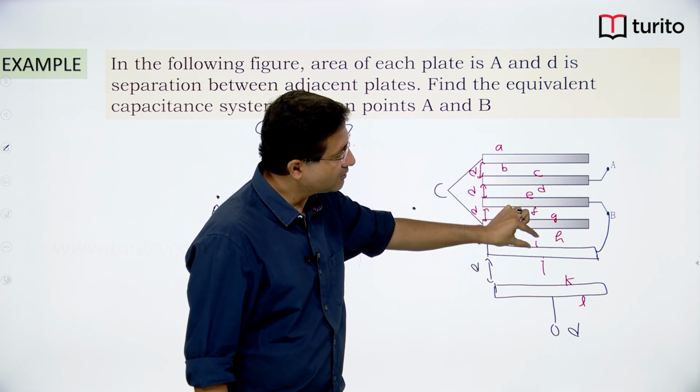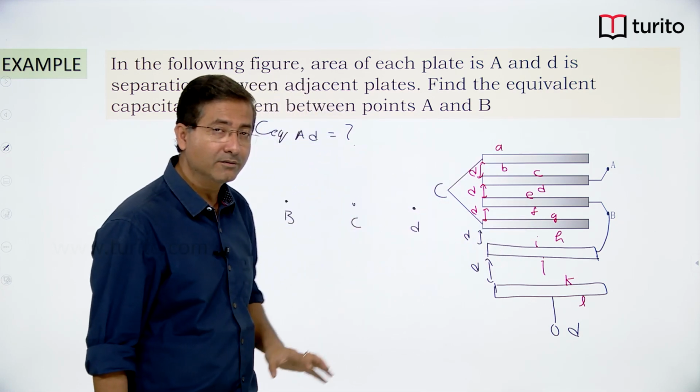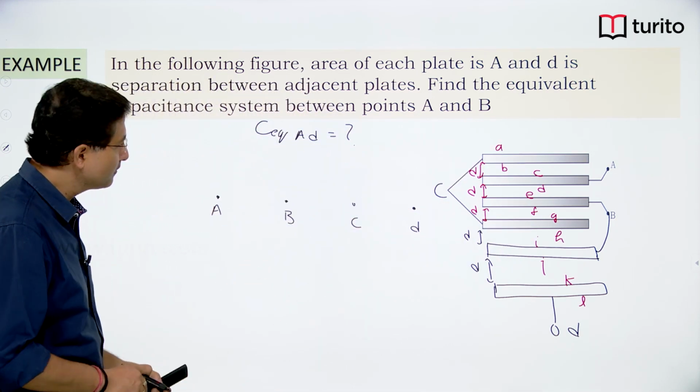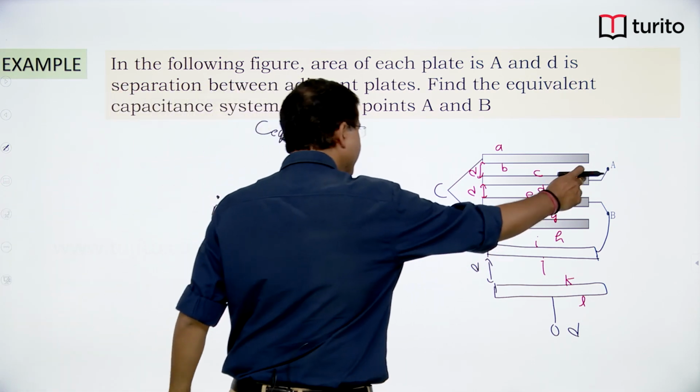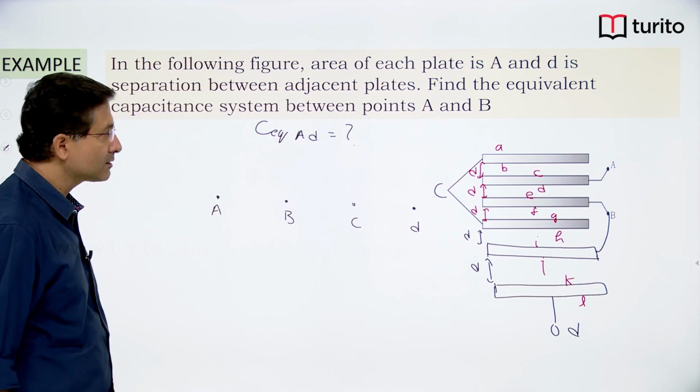Now these surfaces, the gap will behave as a capacitor. So A and B, I have drawn B here. Let us start with AB.